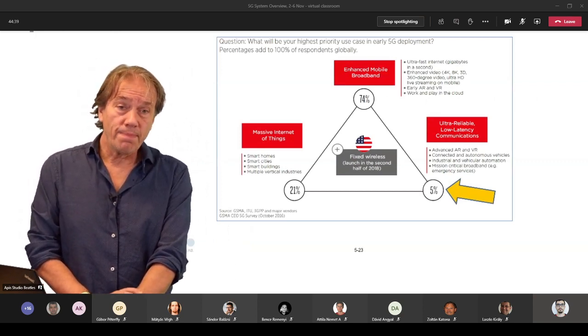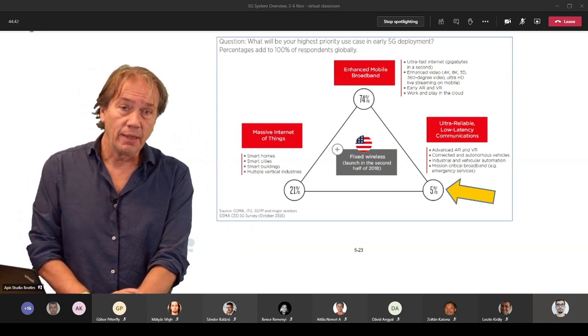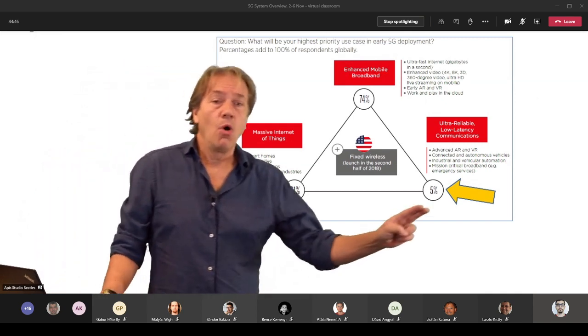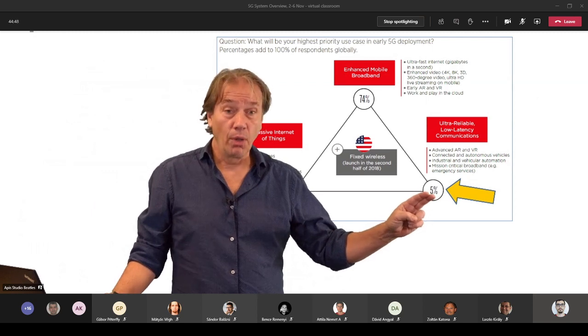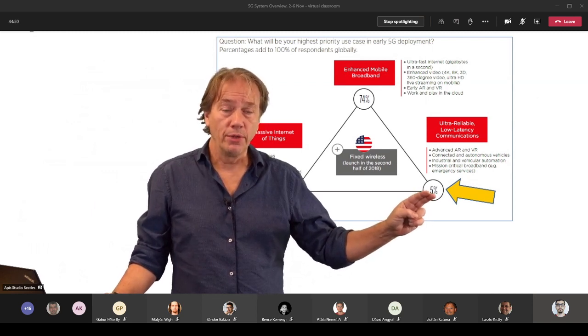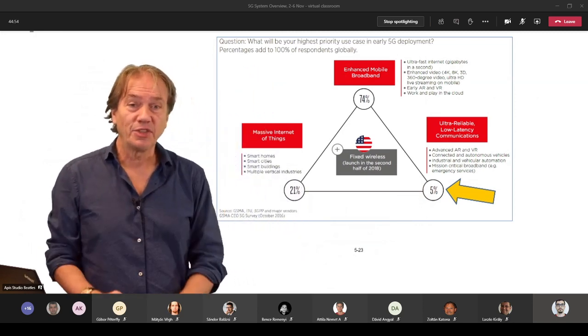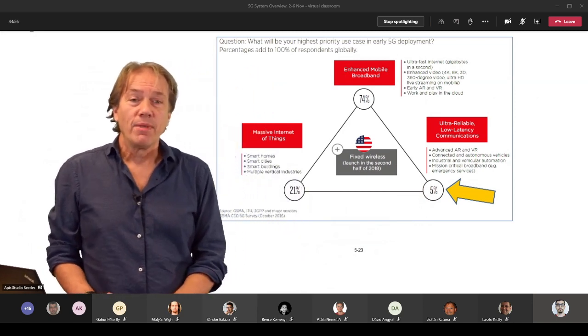So yeah, at least initially, only a small part of the operators saw this as the kind of killer use case for 5G.